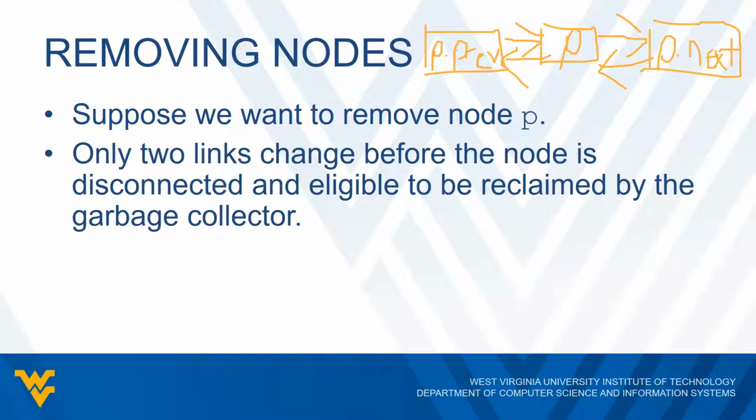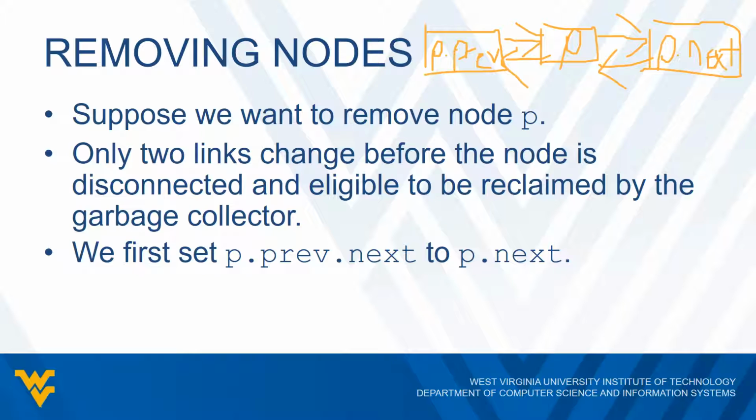So what we need to do is we have to make a couple of changes to the links. In fact, we only need to make 2 different changes to our links to make sure that nothing can access p. Because once that happens, the node p would be eligible to be reclaimed by the garbage collector. So what we first have to do is change p.prev.next to p.next.